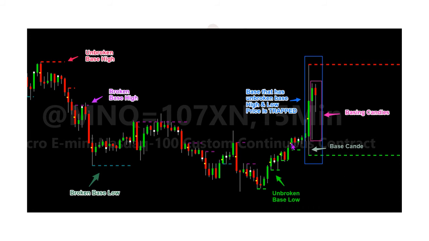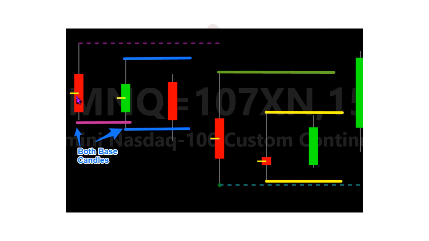And you can see we've got these little yellow dashes on the candles that start the base to help you see where the bases start. So I changed the indicator so that it shows every base candle. And as you can see here, I've got the purple lines here. And so this is a base candle because this candle right here closed inside of the range.